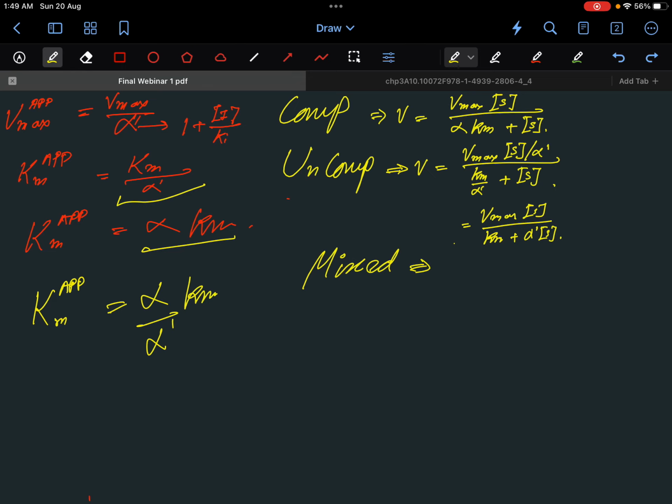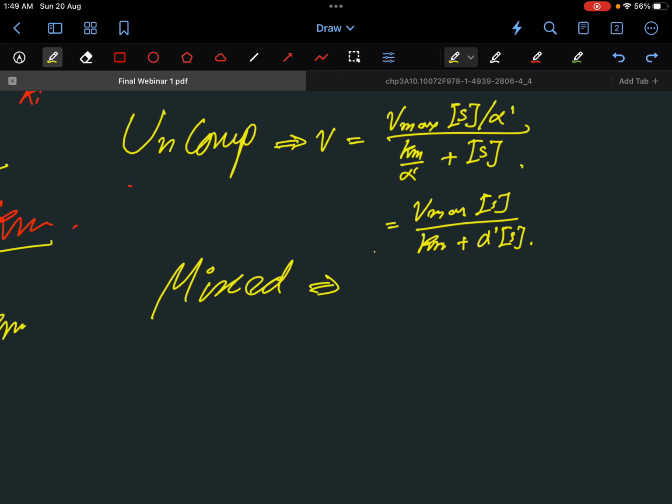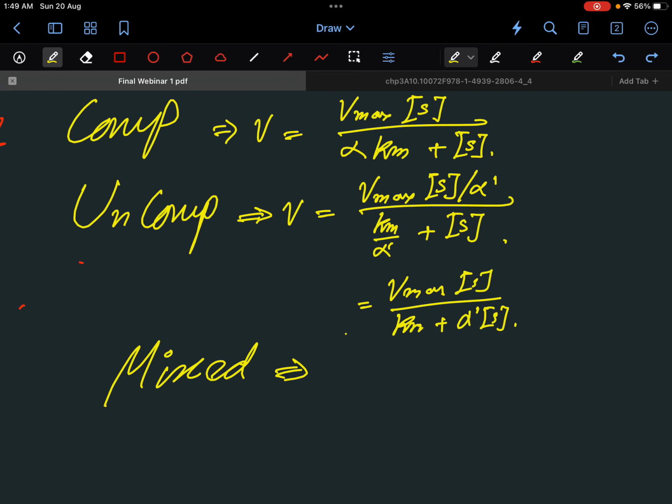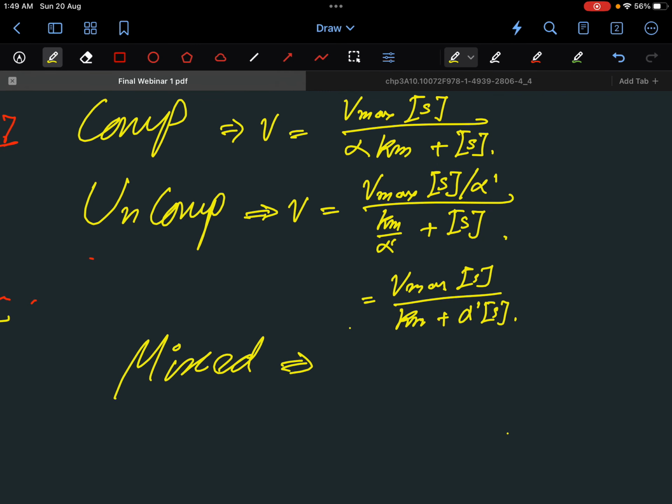And what will happen to Vmax? Again, the Vmax is decreasing, you can just close your eyes and remember. So Vmax is decreasing by what factor? Again, alpha dash.